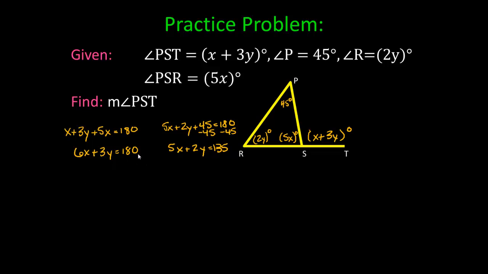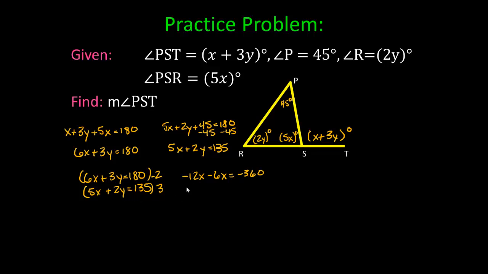So you want to get rid of either your x or your y, because we have 6x plus 3y equals 180, and 5x plus 2y equals 135, and your x's and your y's have to match for both. So let's get rid of our y's since that's easier. 3 times 2 is 6, so I need to multiply by 3 and by 2. Let's just make the top one negative. That's going to give us negative 12x minus 6y equals negative 360.